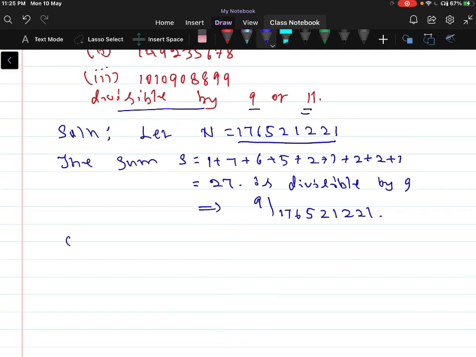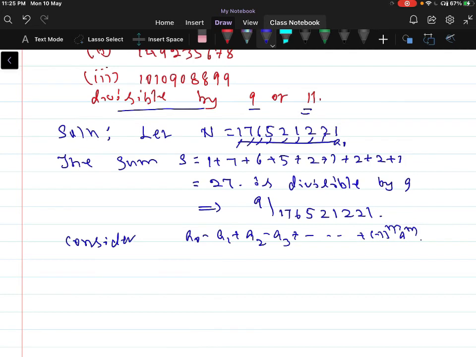Now consider a0 minus a1 plus a2 minus a3 plus, minus, and so on, plus or minus 1 to the power of m into am. So here take a0 is 1, this is a1, a2, a3, a4, a5, a6, a7 and a8.